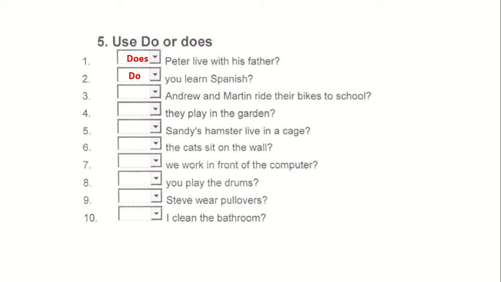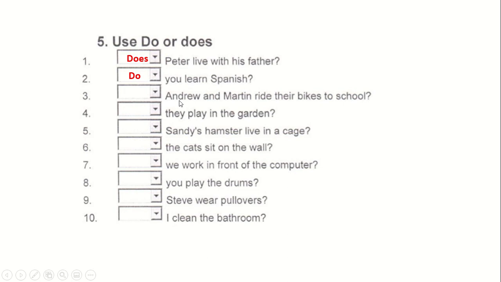Okay, I think you have stopped the video, so now you can check the answers with me. Number 3, space, Andrew and Martin ride their bikes to school. This is a question. We need to put do or does. We need to know the subject. Take care and be very careful here.